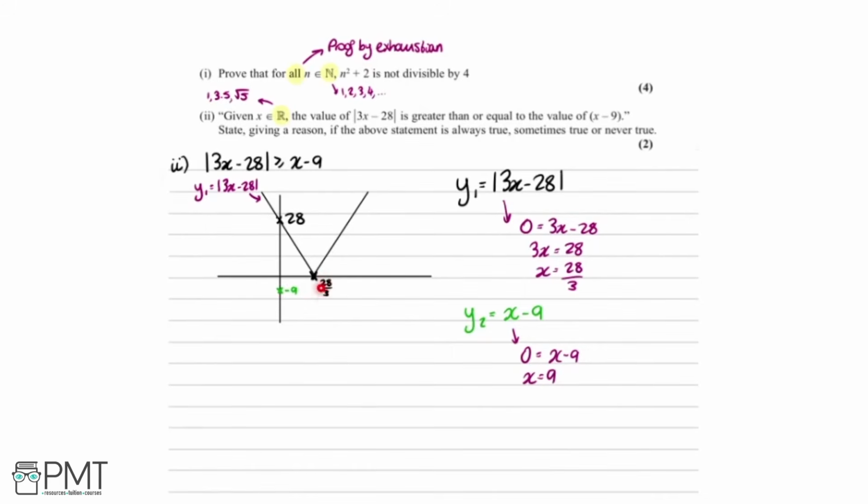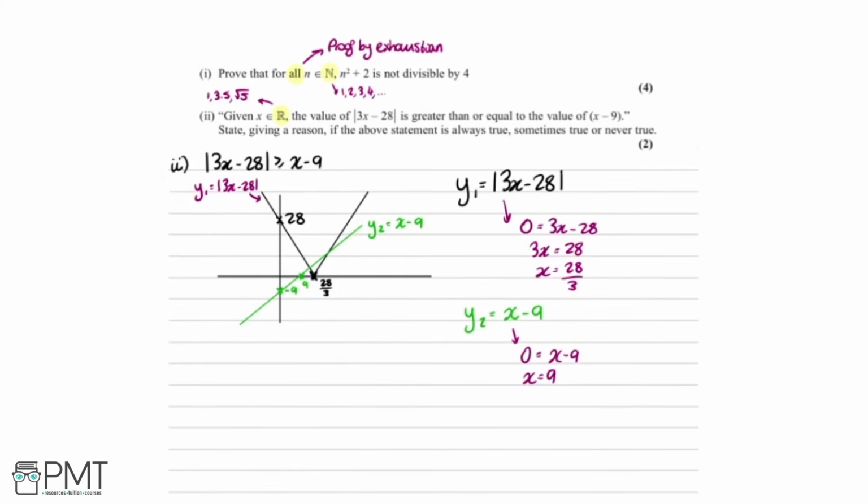And 28 over 3 is actually 9.3 recurring, so we're going to be a little bit before that. So if I put that here, and say that equals 9, and join up those points, we now have the line y2 equals x minus 9.